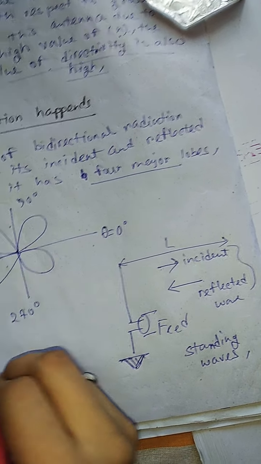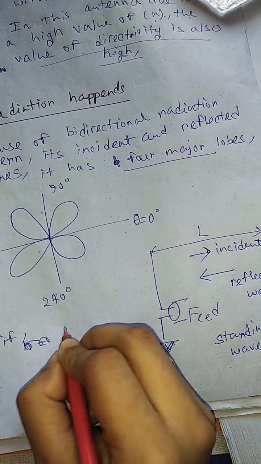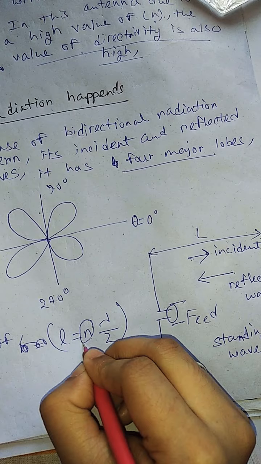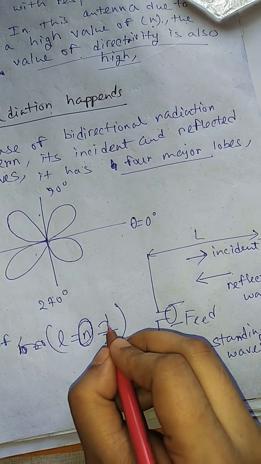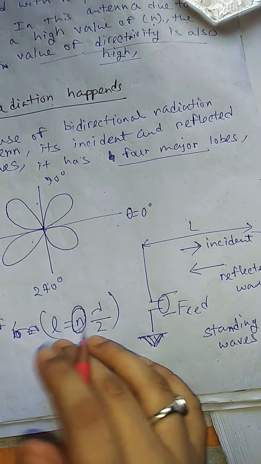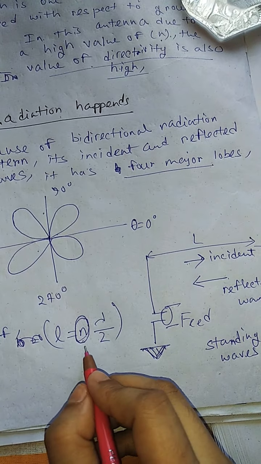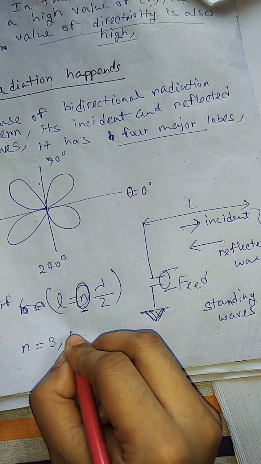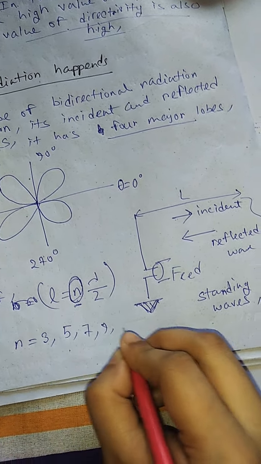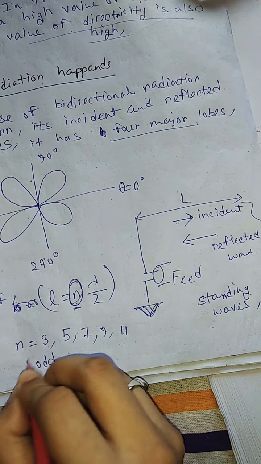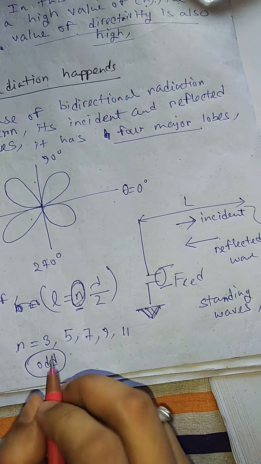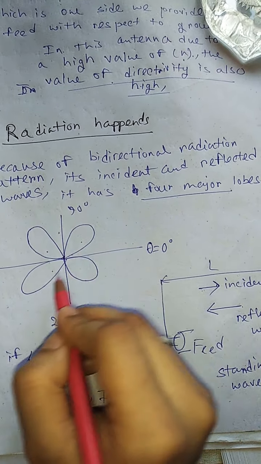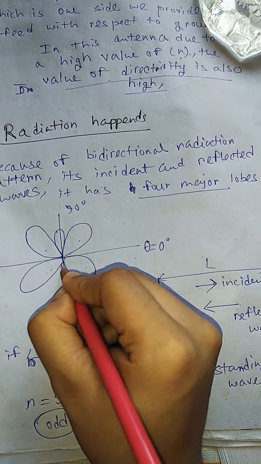If L is equal to n lambda by 2, n is an integral multiple of half wavelength. Minor lobes depend on n. If n is odd, like 3, 5, 7, 9, 11, then this antenna has 4 major lobes and 2 minor lobes.